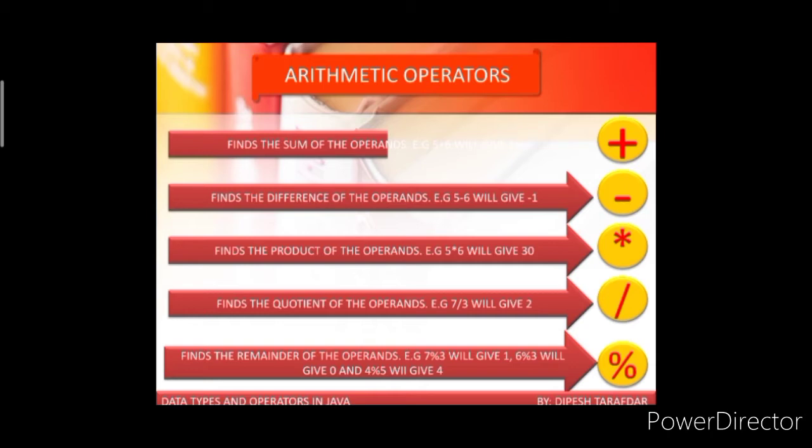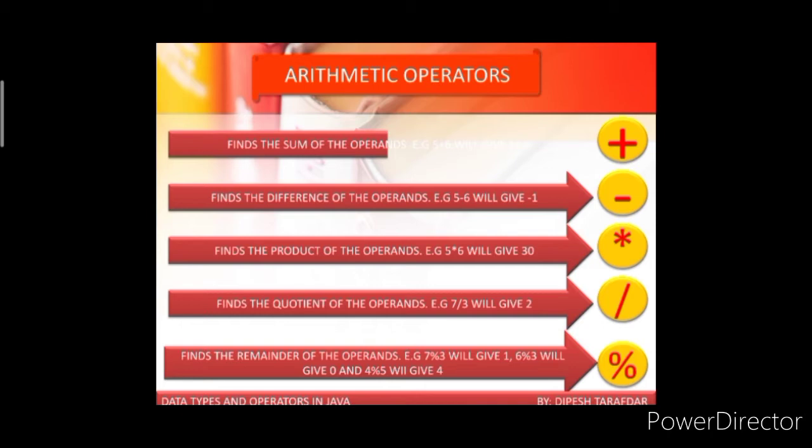But if any one of these operands is a fractional value, say for example if I write 7.0 by 3, in that case I'll get the result as a fraction. So 7.0 slash 2 will give me 3.5 and not 3.